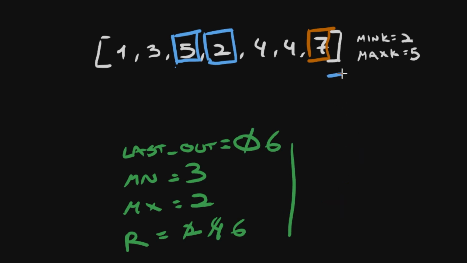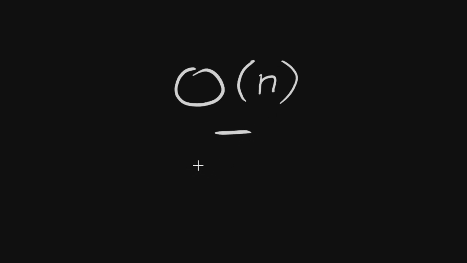And next we continue and we reach the end. So we return our result, 6. Now the time complexity for this one will be big O of n, and space complexity will be big O of 1. So now let's go with the code and hopefully you'll get the idea.